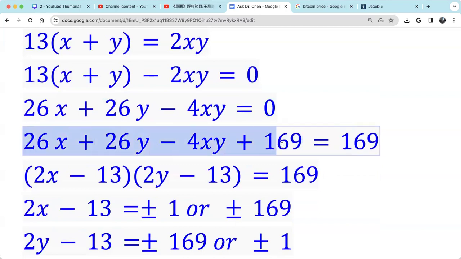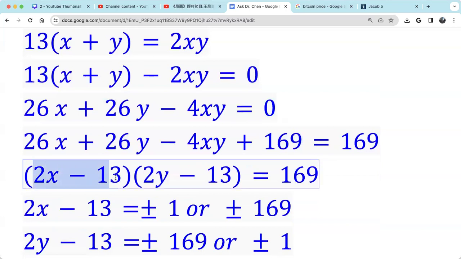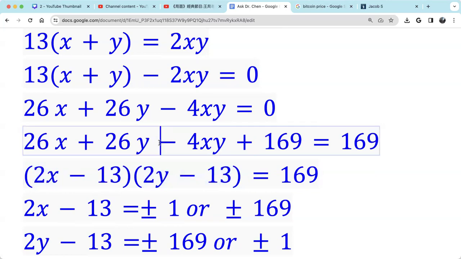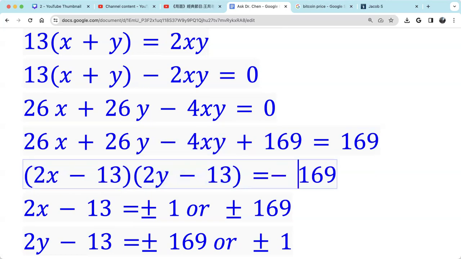Now, these 4 terms give us 2 factors. 2x minus 13 times 2y minus 13. We see here, we have 2x times 2y, that's 4xy, right? Then 2x times, oh, you know what? Yeah, because we have to make this one positive, that means we have to make this one negative.